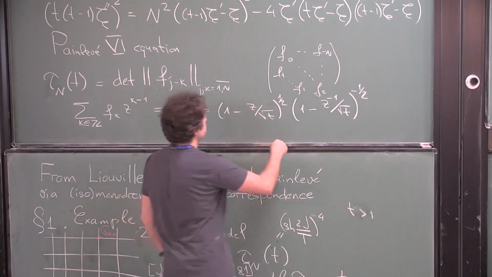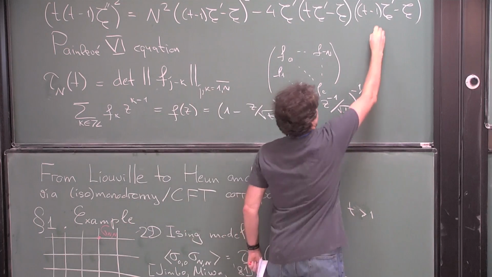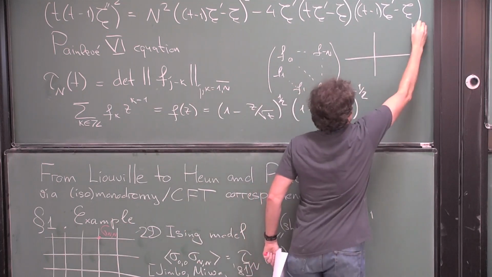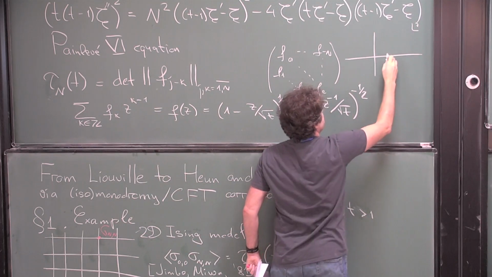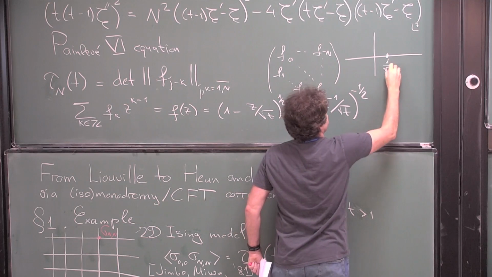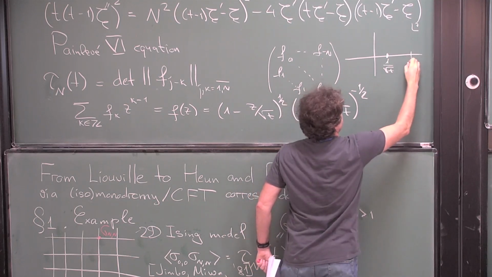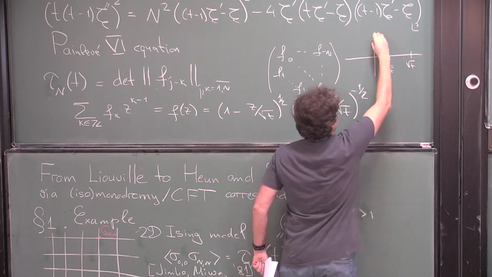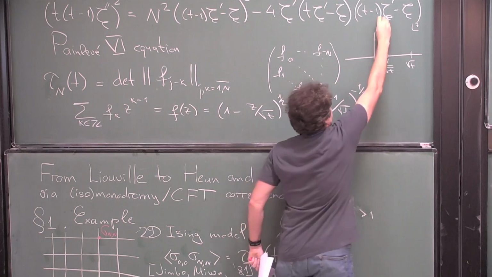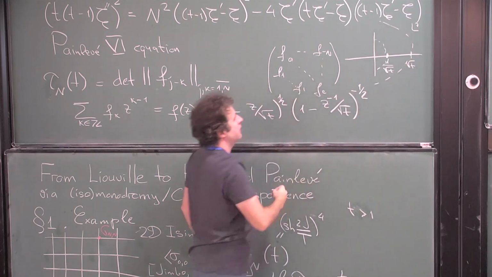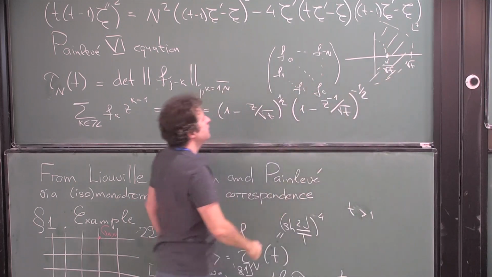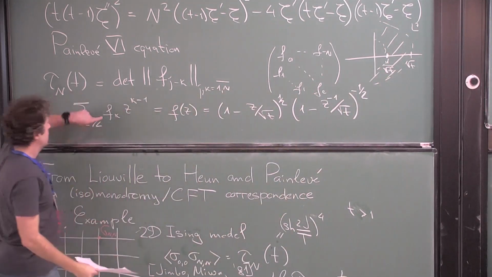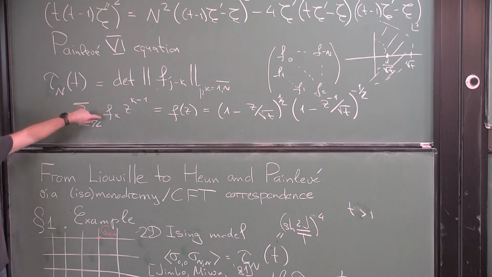This function, if you look at it on the complex plane of z, will have branch points here and here, and then you can expand the function into a Laurent series in this annulus, and this gives you the f_k.